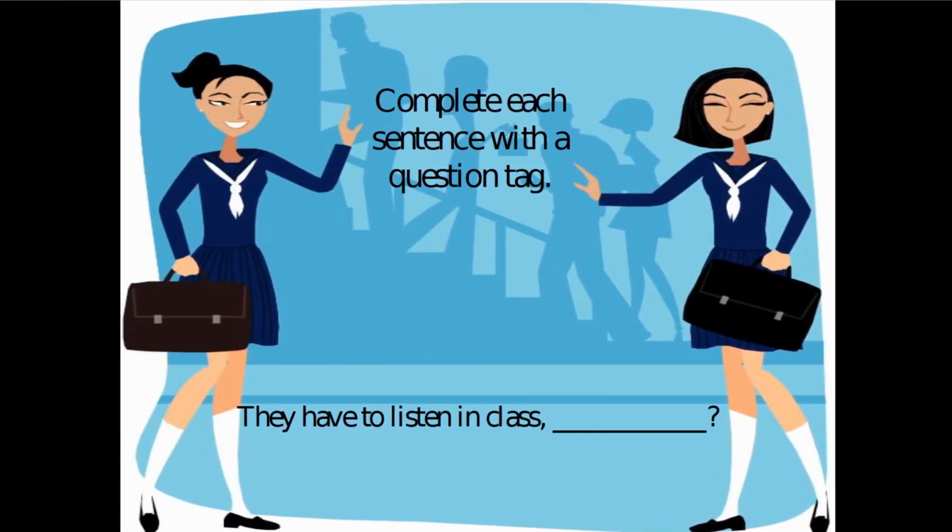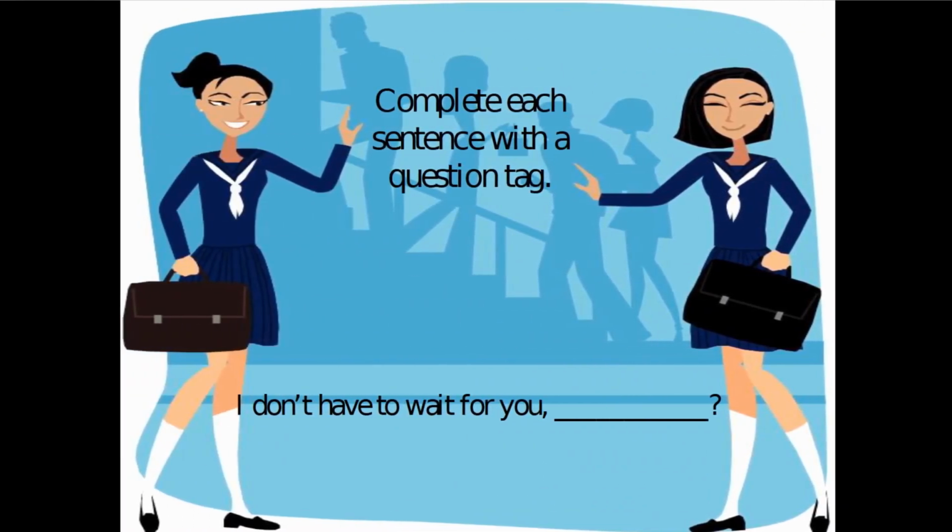They have to listen in class. They have to listen in class, don't they? I don't have to wait for you. I don't have to wait for you, do I?